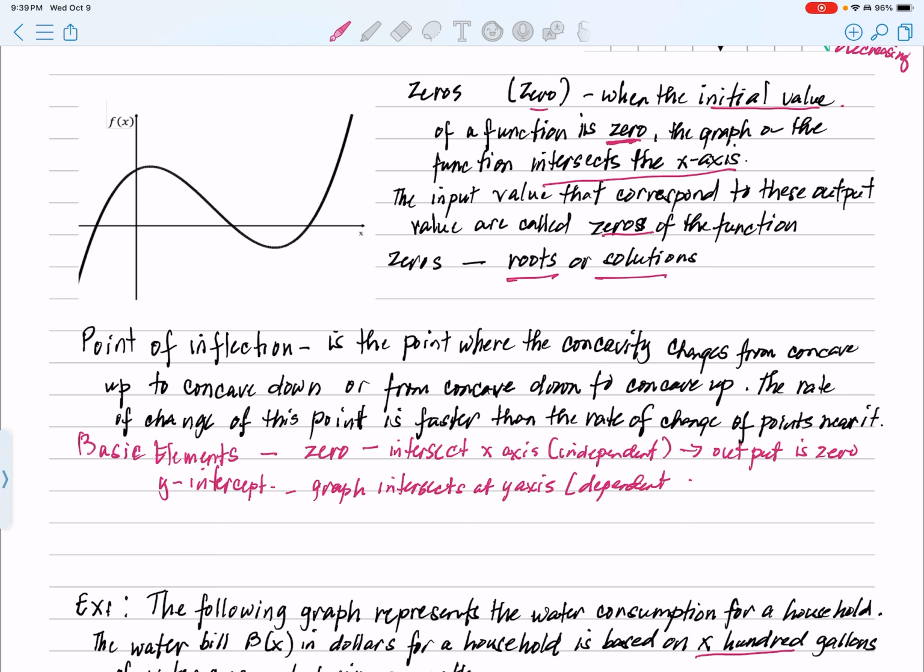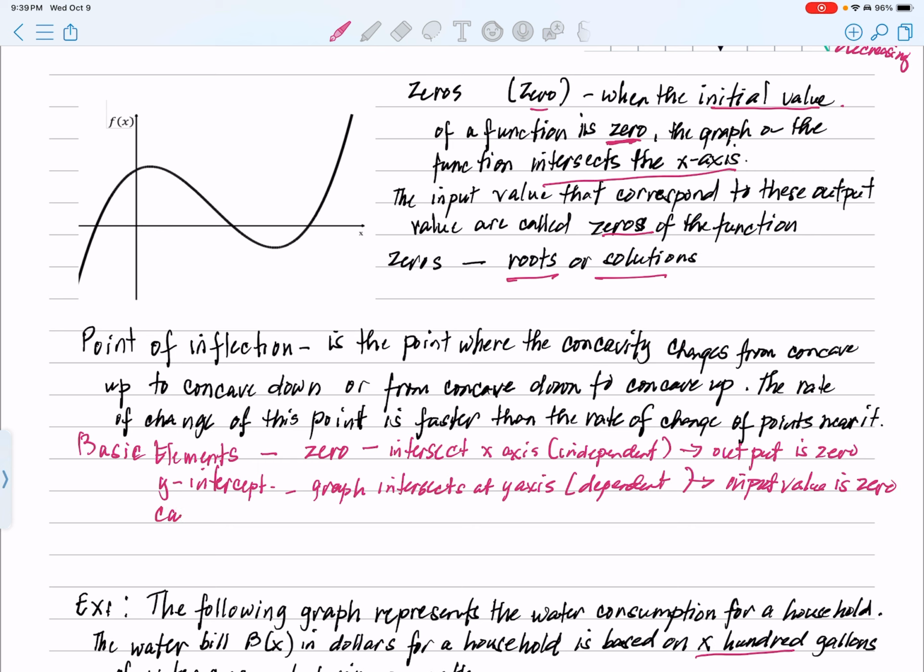So what is the output value? We call the output value the y-intercept. Okay? So the input value here is 0.